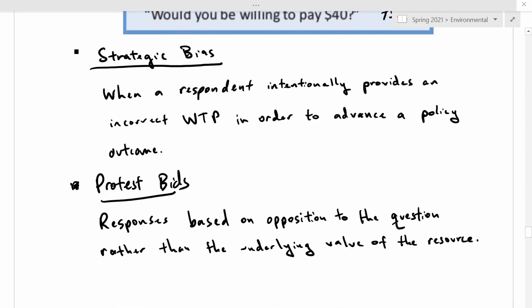If you're asking somebody who's just generally opposed to taxes, they might say 0, even though they might care about the wetlands. What you're getting there is an opposition to the taxes more so than an opposition to the actual resource. So you could get responses like that.